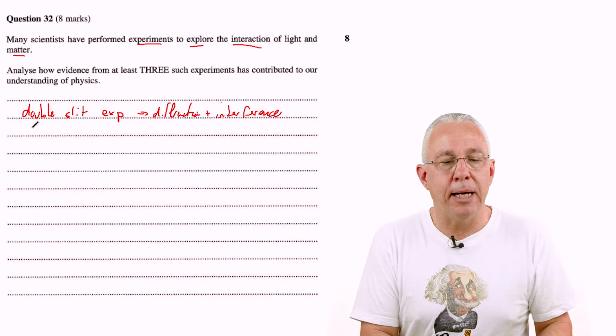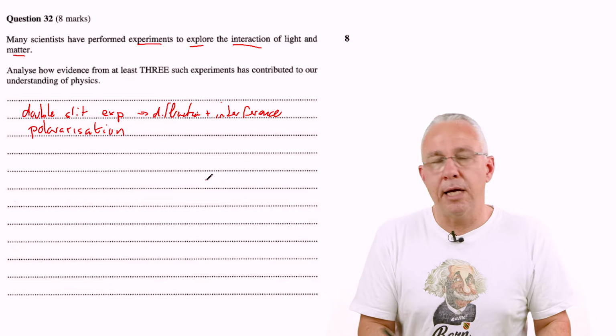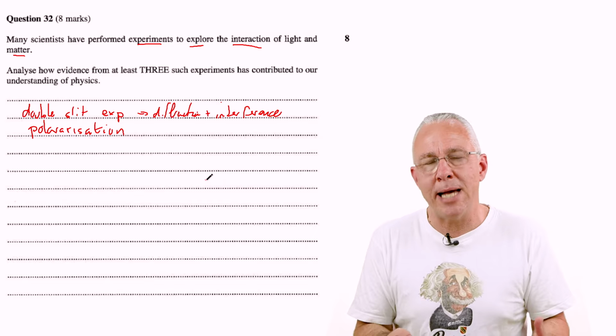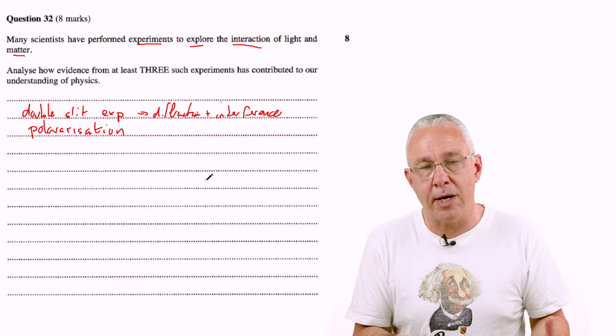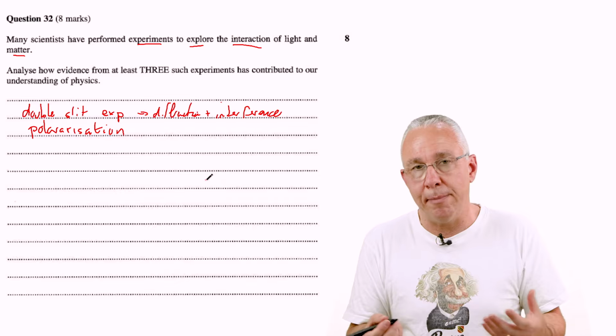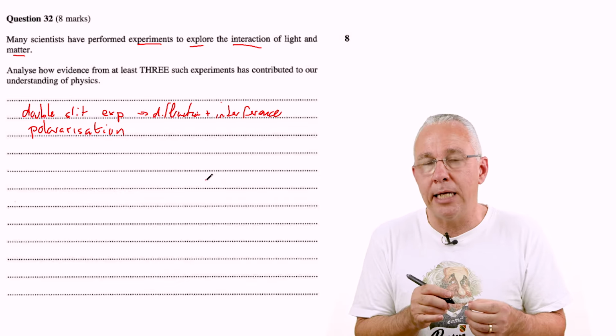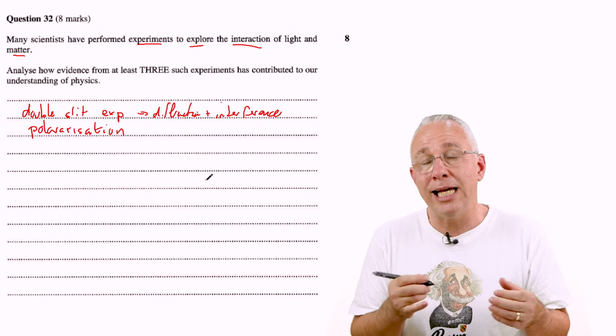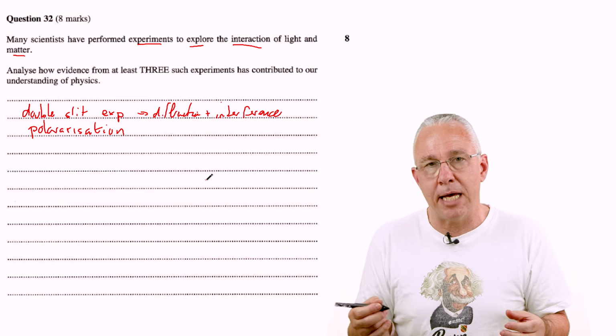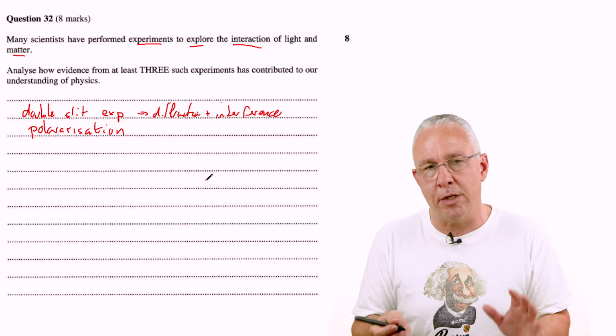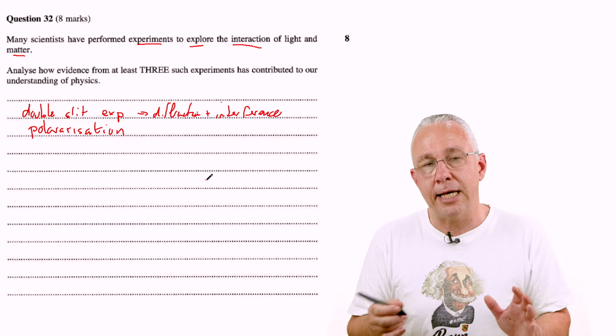You can also talk about polarization. Now, polarization is again interaction with matter. Light, which is unpolarized, can pass through a polarizer, which is basically made up of a material that only allows one polarization axis to pass through, and using 2 different polarizers, you can effectively cut out the intensity.